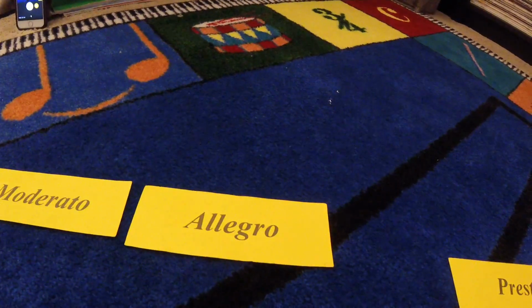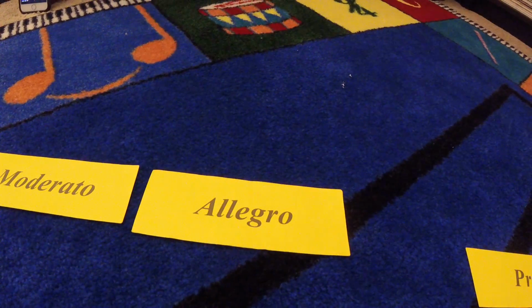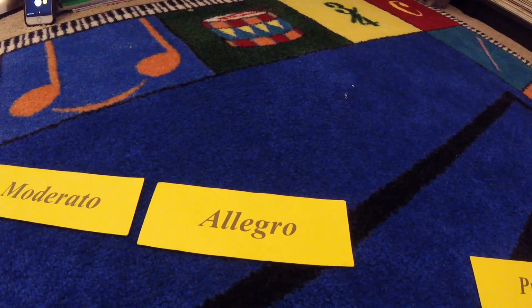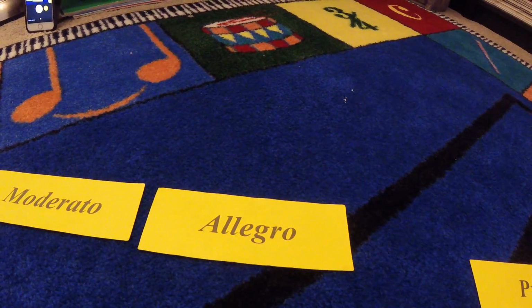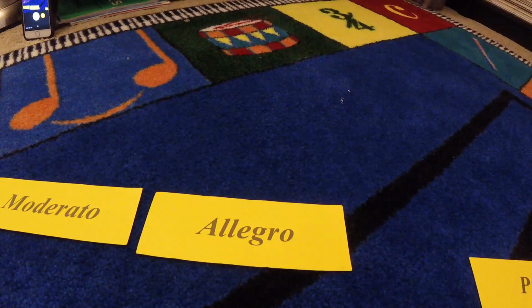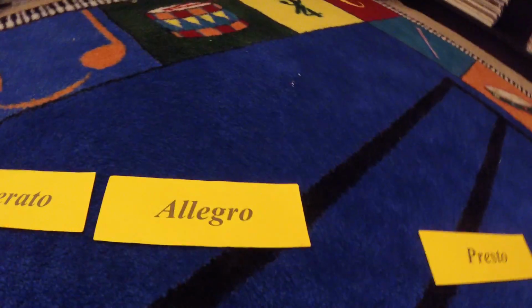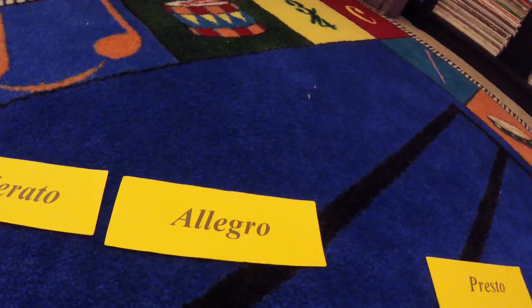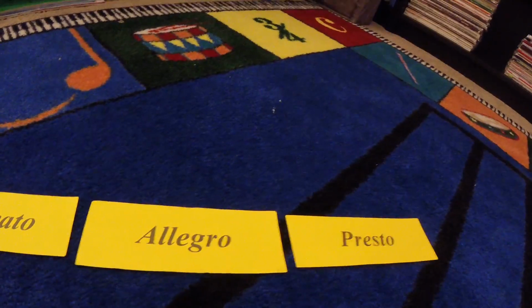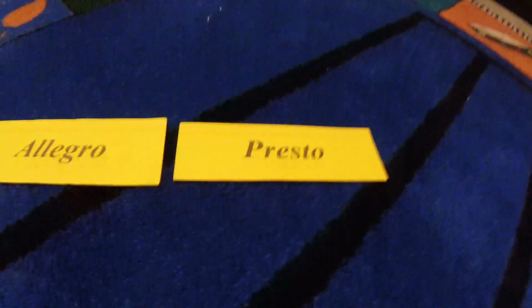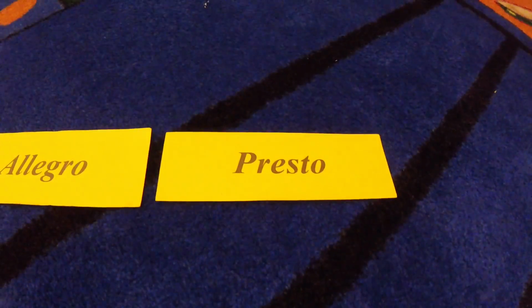So I think of this word more as cheerful and lively. So it has some quicker movement to it. Quick and lively is another definition that's sometimes used, but it's not necessarily always fast. And then our last word in the faster spectrum is going to be presto, and presto is very fast.